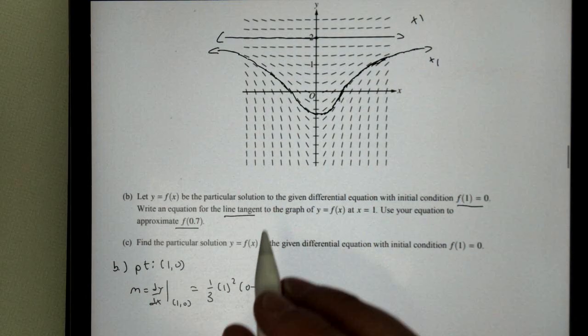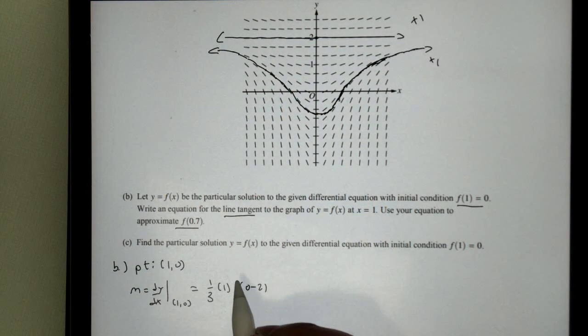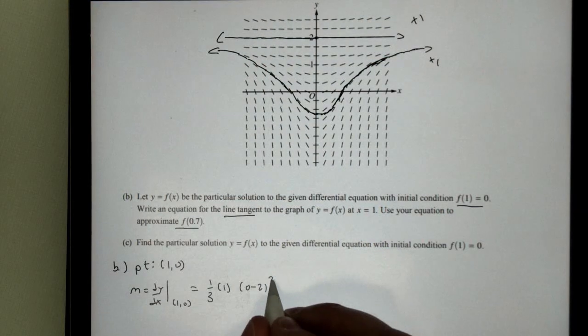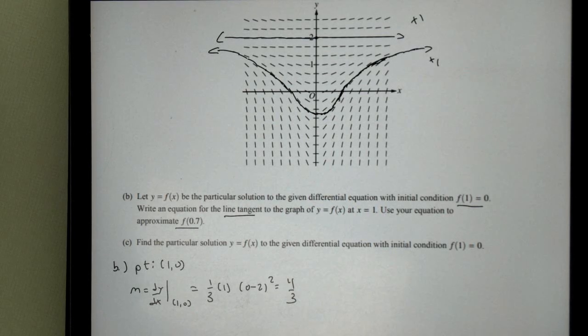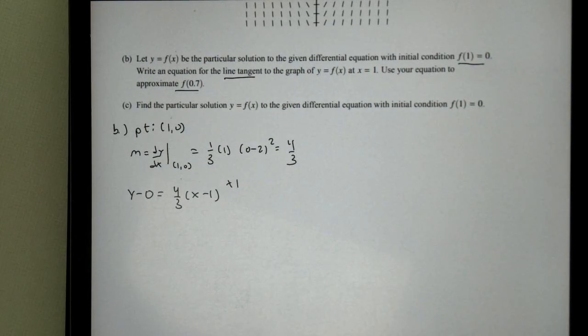Sorry, that wasn't squared there. This part was squared. And I can simplify that, and that is going to become 4/3 right here. And so my tangent line will be y minus 0 equals 4/3 (x minus 1). And you'd probably get a point for that.